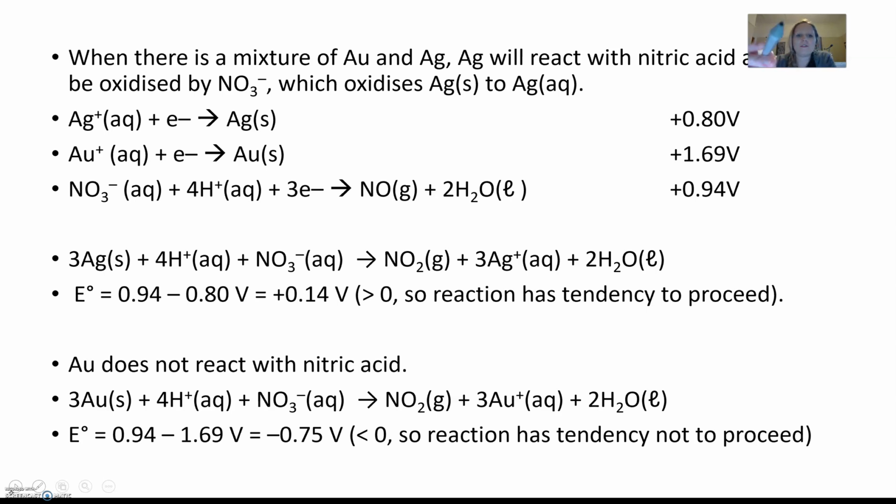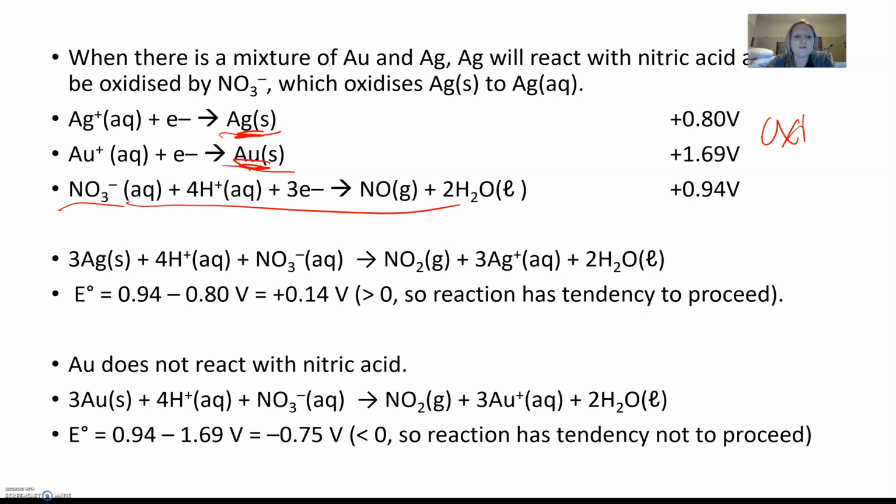So from that big list of cell potentials, I've just noted down the ones where you have pure elemental gold and silver because that's what they said reacted, and then I've pulled down the nitrate one, and again these are all reduction. So if you're starting with these two, that means that these two need to be reversed so they can be getting oxidized, and this one's getting reduced because it says that in the question.